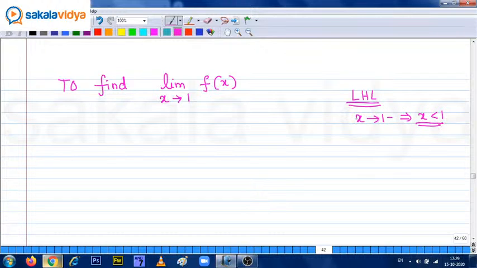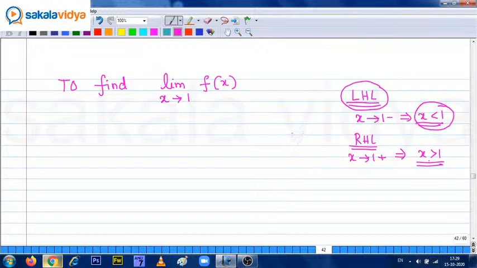We don't have x less than 1 here; in this case only x greater than 0 we have, so it is not included in the domain. So LHL we should not find out. We check RHL. RHL means x tends to 1 plus, that implies x is greater than 1. Yes, it is there. So in this case only RHL we need to find out, not LHL. There won't be any LHL arising in the case of this limit. Only RHL is the value.